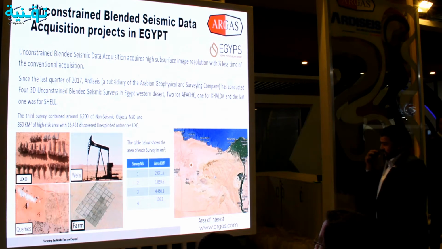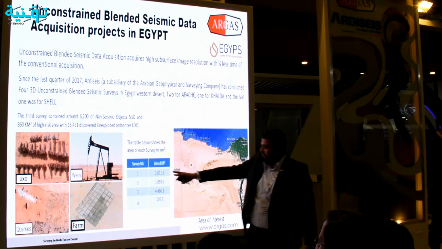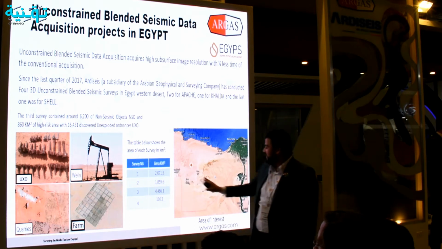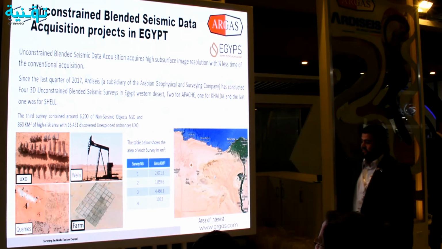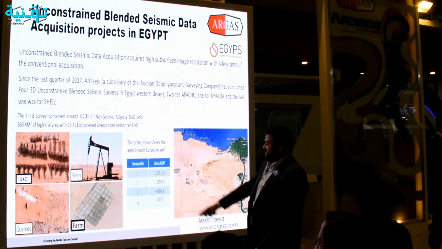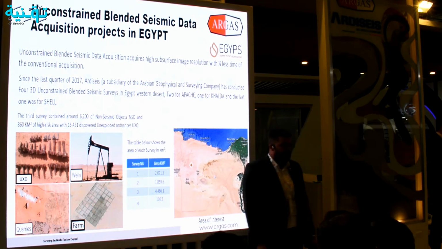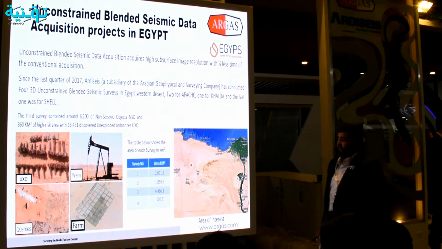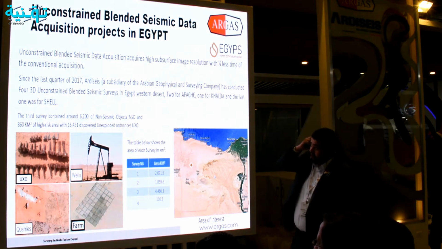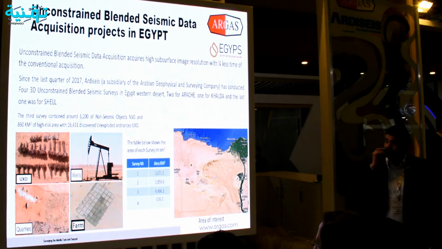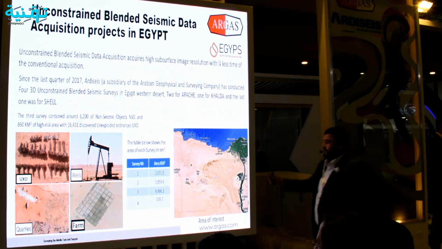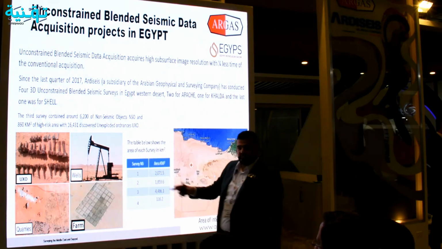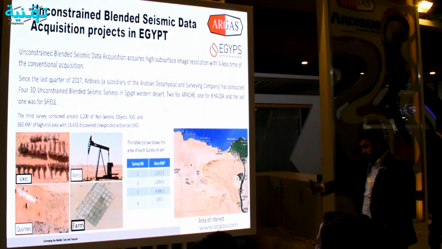Here this table shows the surface area in square kilometers for all the 4 projects we have done in this area. The third one was a bit bigger, exceeding 4,000 square kilometers. In this third survey, we found 6,200 non-seismic objects like oil wells, quarries, pipelines, water wells, and farms.